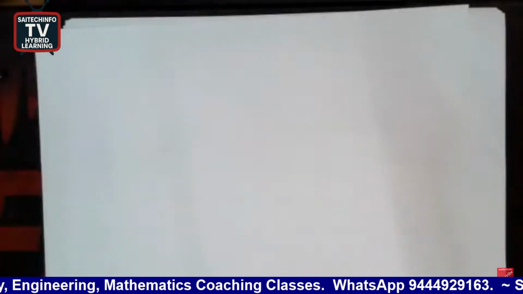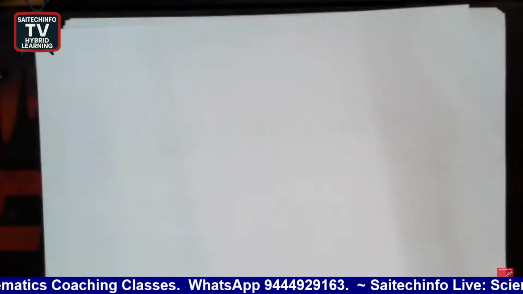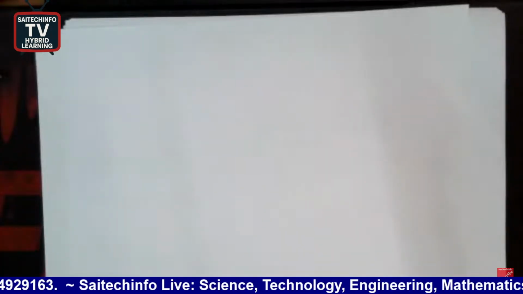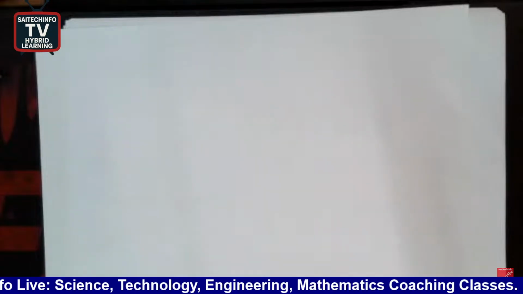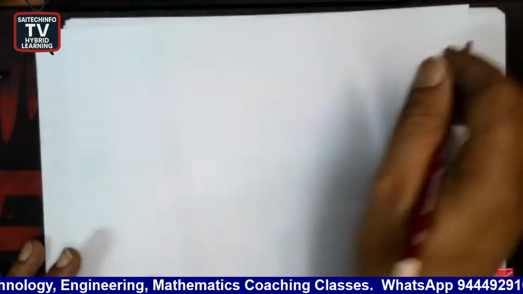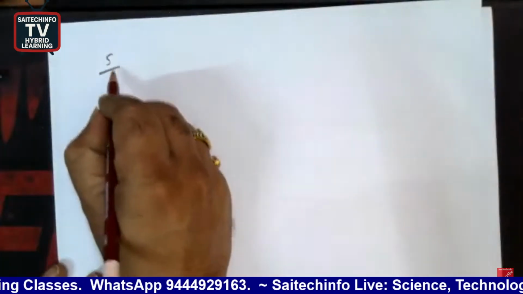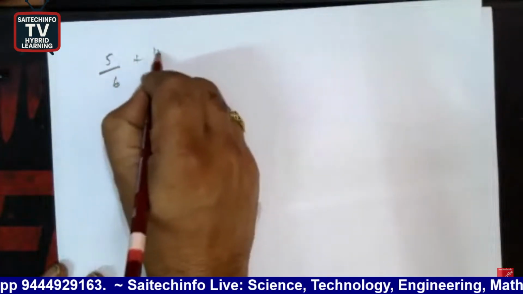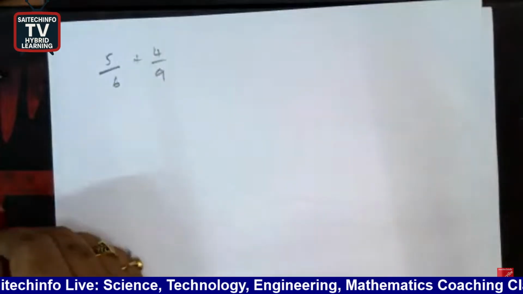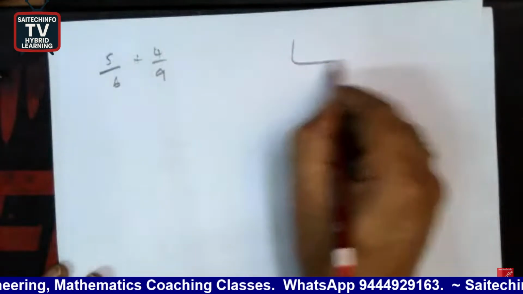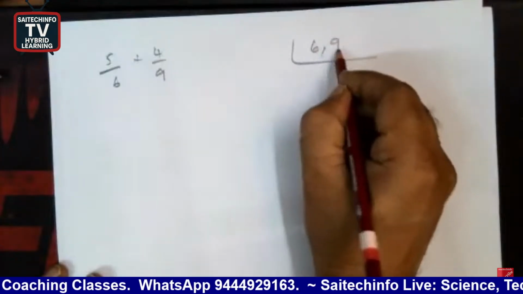Right. Now if you have got a different denominator, in that case what you are supposed to do, you have to take the LCM first. Is it not? For example, you have 5 by 6 plus 4 by 9. So consider the LCM because these are not common. 6, 9.